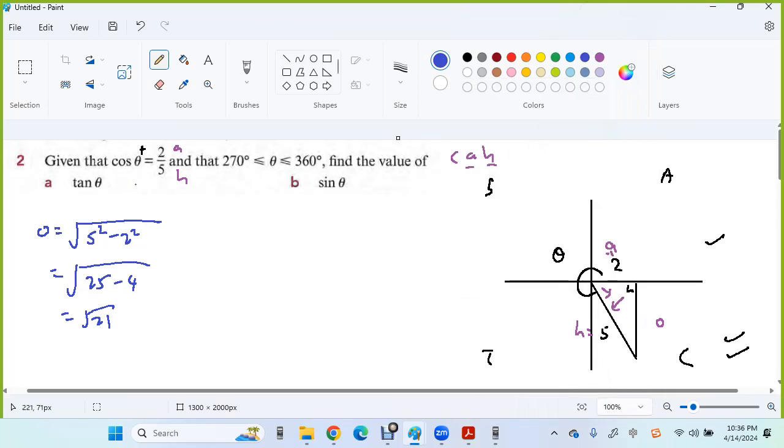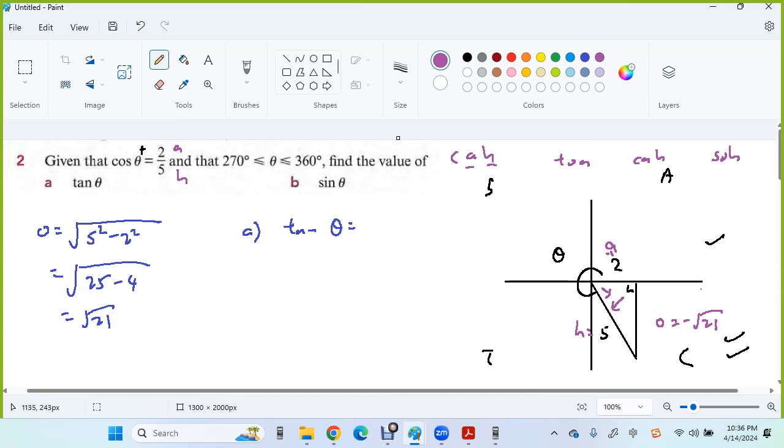So we want to find the tangent theta, so we have the TOA, so tangent theta will be the O over A. Okay, so this one is square root 21, but it goes downward.